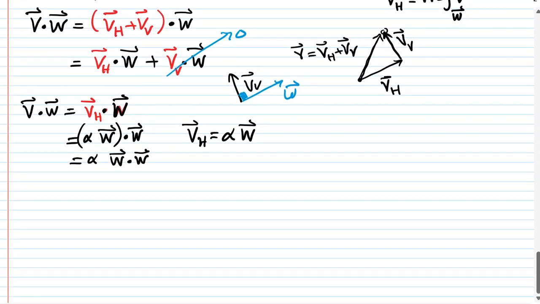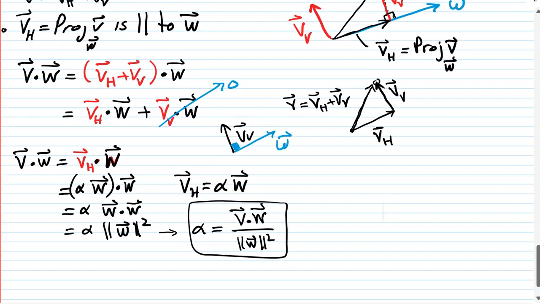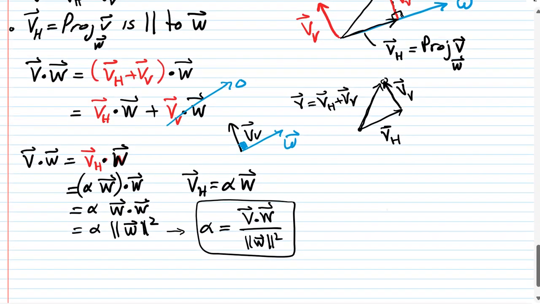So I'm just going to write this as alpha times the magnitude of W squared. And from this, looks like alpha is going to be V dot W divided by magnitude of W squared, right? That's what alpha is.